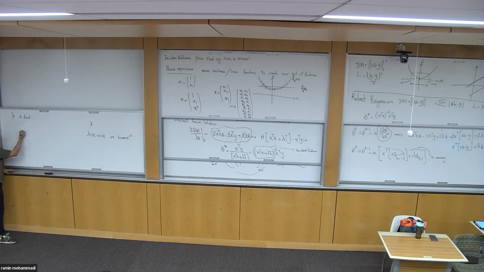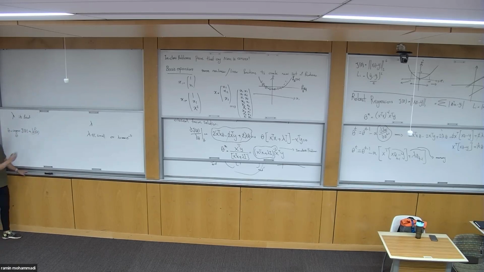You are trying to minimize J of theta plus lambda f of theta, and you find the theta that minimizes it. If lambda is super small, what do you think will happen? The model won't realize there is anything additional you are trying to add.